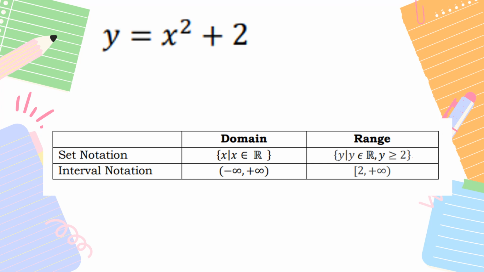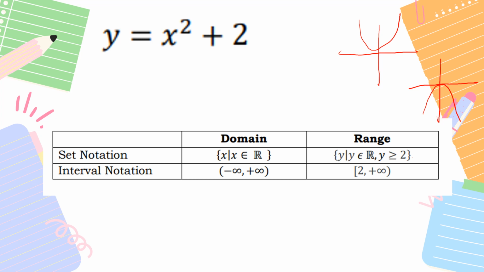The graph of a quadratic function is a parabola that opens upward or downward. Therefore, it has a minimum or maximum point called the vertex of the parabola.